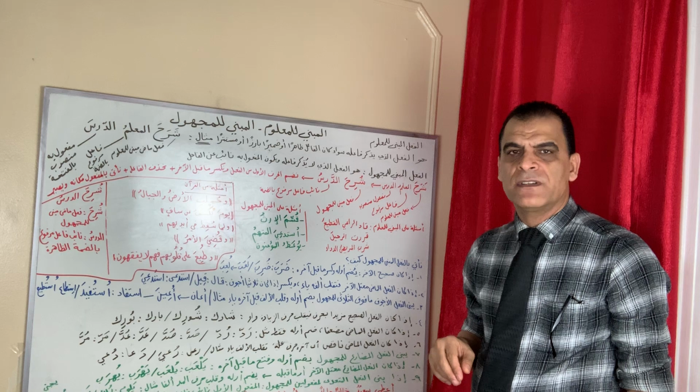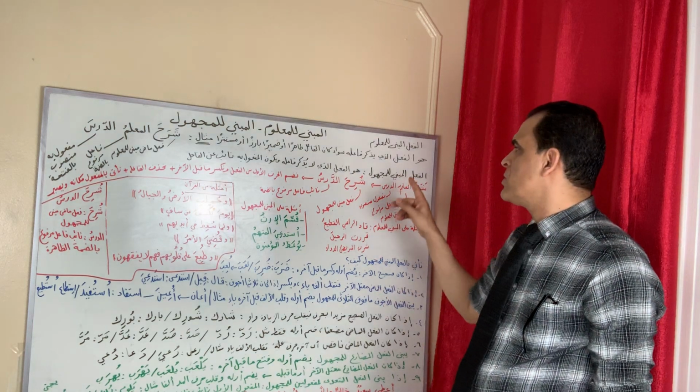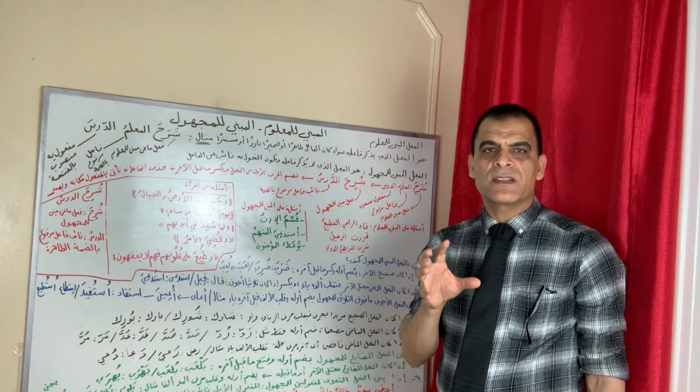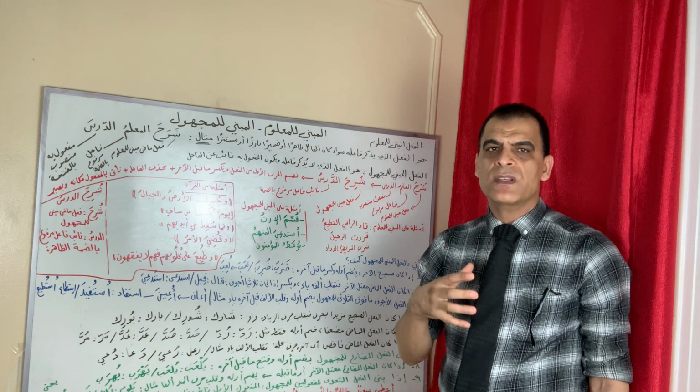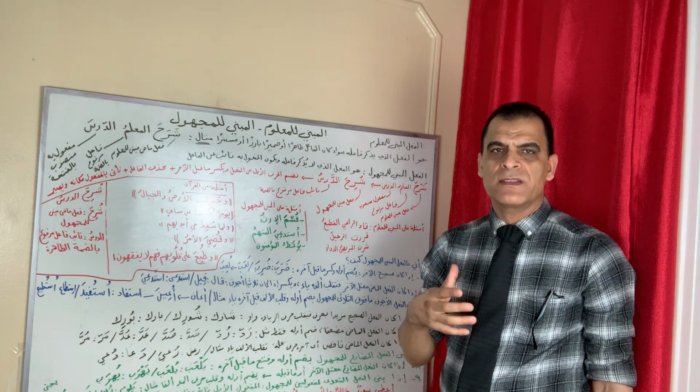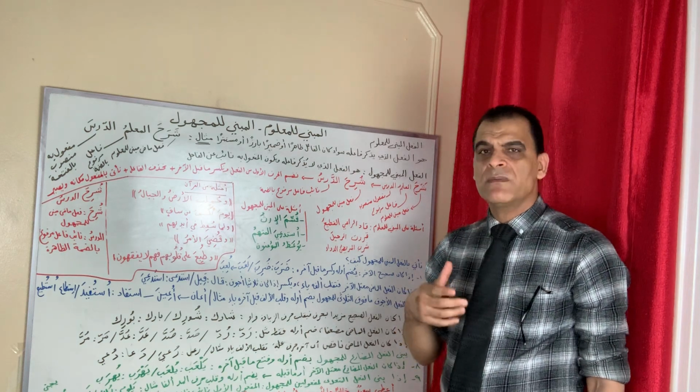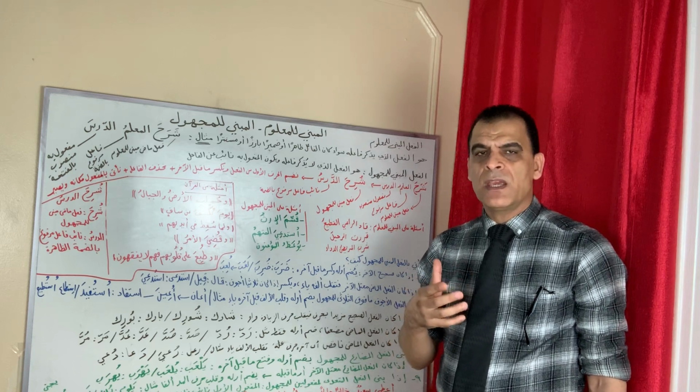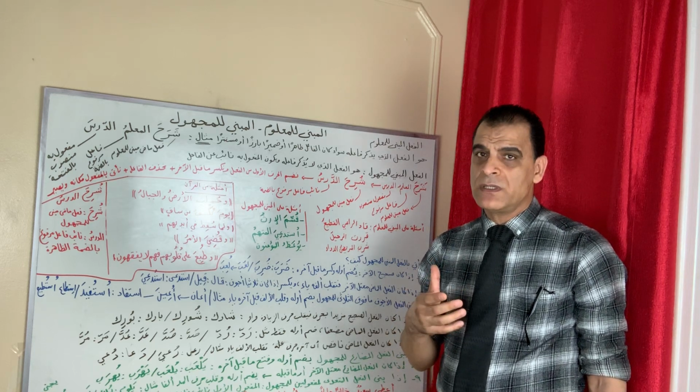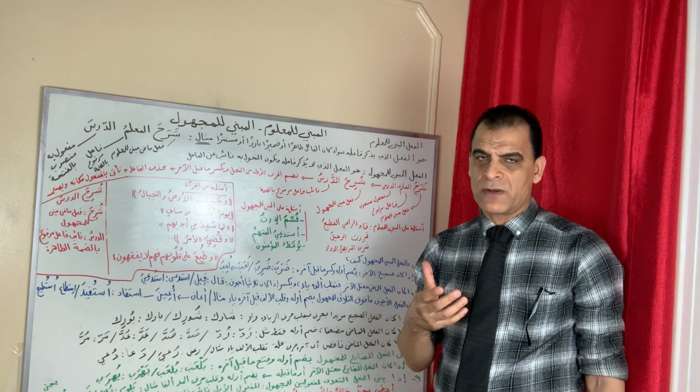The active verb is the one where we bring the subject inside the sentence and we know who does the action, and sometimes the subject is a noun or a pronoun or a hidden pronoun.